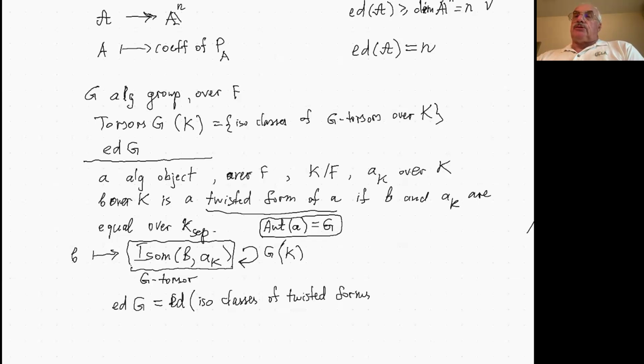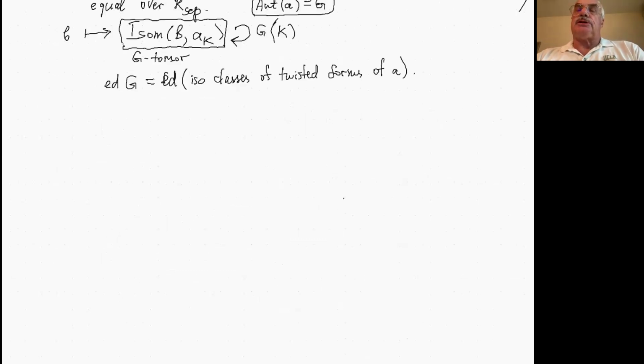Well, here are the two classical examples. First, take as the object the algebra of n by n matrices over F, that is, small a.